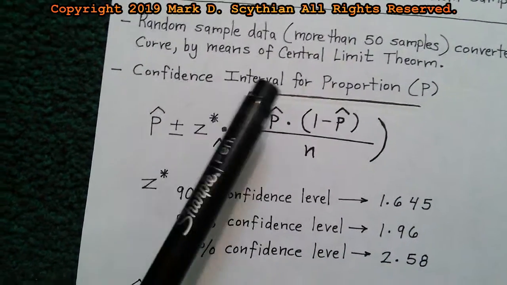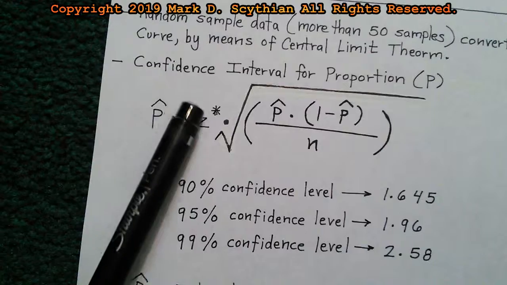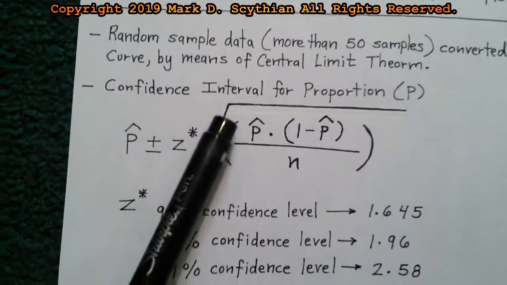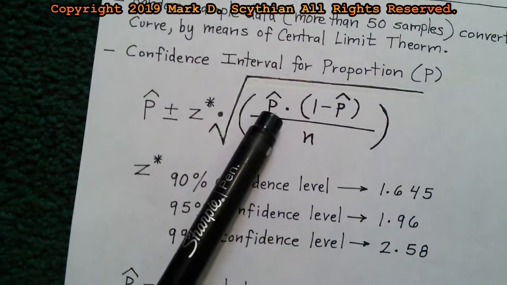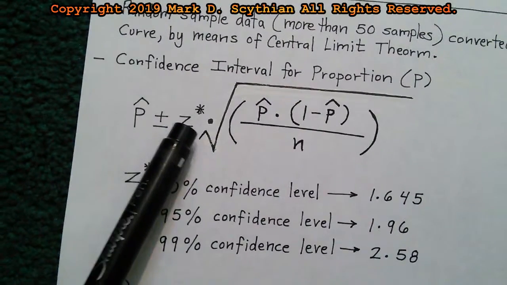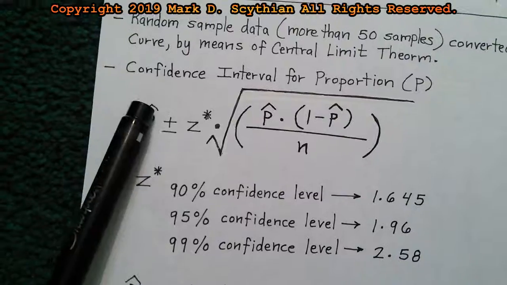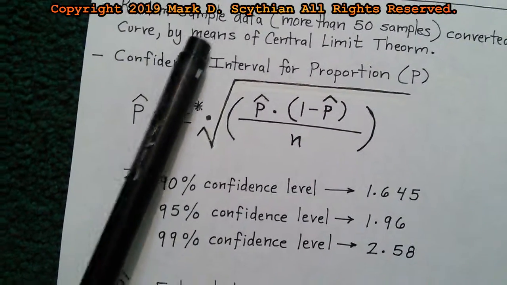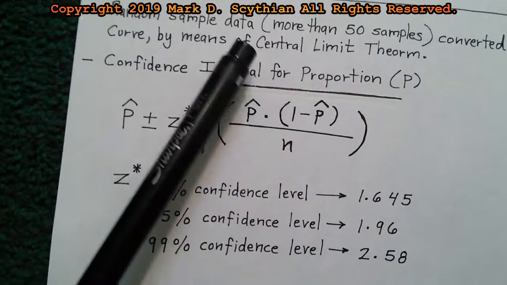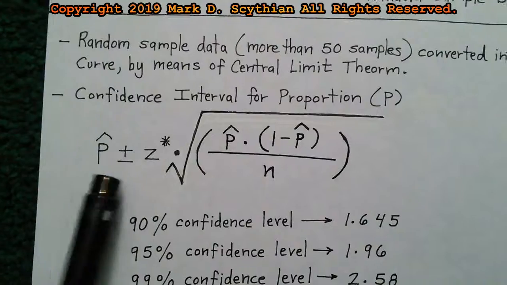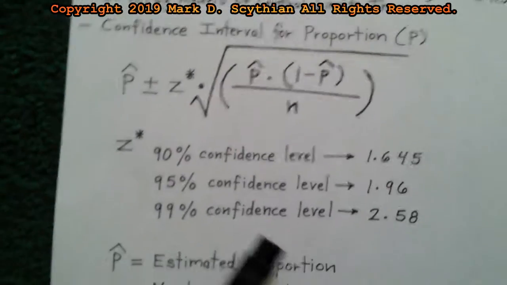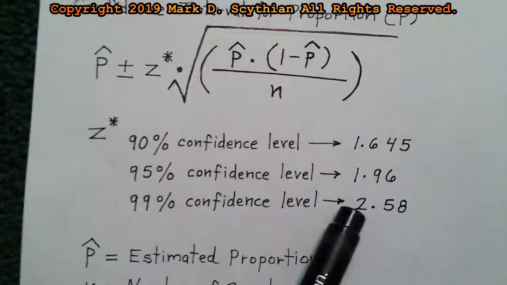You really want to follow the order of operations: do what's in the parentheses first, get the square root of the calculation, multiply it times the z-score, and then rewrite it with p hat plus or minus this entire quantity. Again, it should be written in parentheses, but to prevent redundancies, it's assumed you understand the order of operations in mathematics. So we should have a z-score of 2.58.